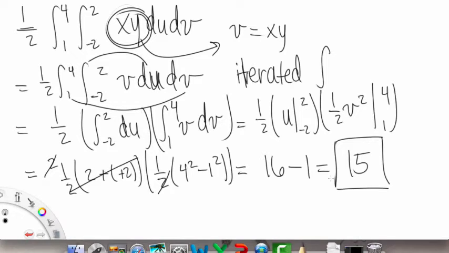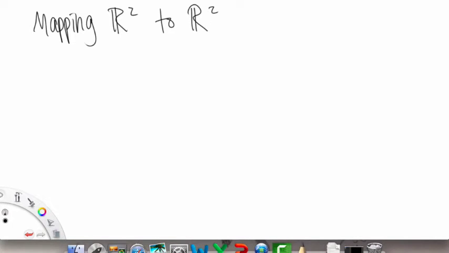for that problem. And now lastly, we've gone over change of variables, and this was specifically for moving from one plane to another. Remember, it was mapping R2 to R2, from a plane to another plane.